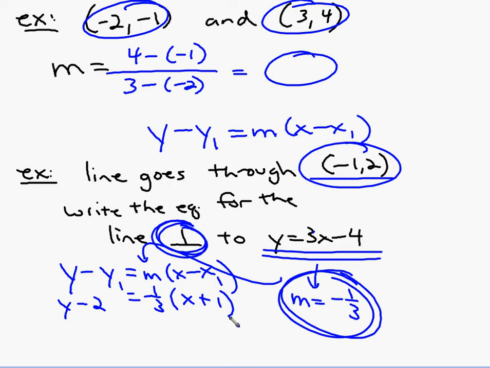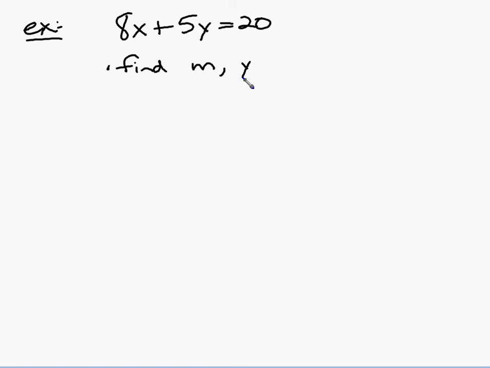Now, what if they told you, I think you should know how to do this, what if they gave you this equation, 8x plus 5y equals 20, and they said to find the slope and the y-intercept and then graph. What would we do?